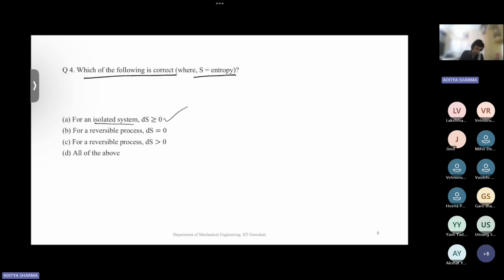For your reversible process, the change in entropy is zero. You must be knowing this, that for a reversible process, sometimes we say that if some process is adiabatic plus isentropic, in that case that process is reversible. Okay.